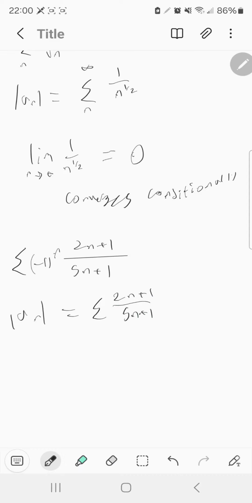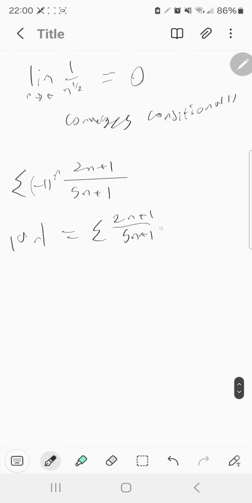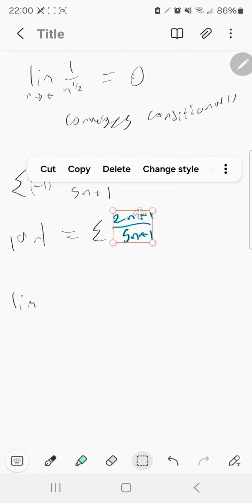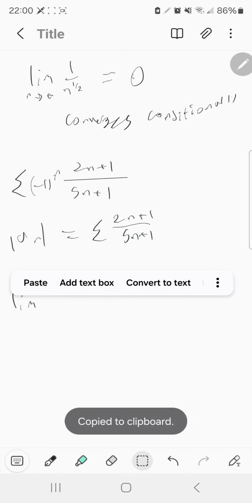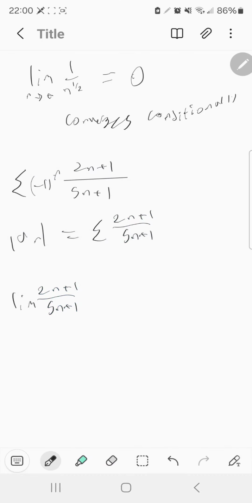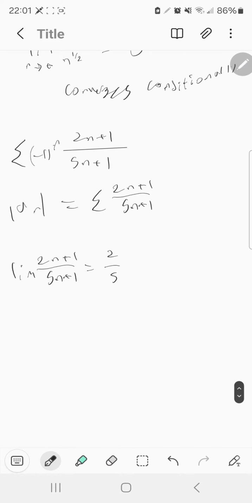From here, we can see that because of the divergence test, the limit of this is going to approach 2/5. So it diverges. We only know that it doesn't converge absolutely.